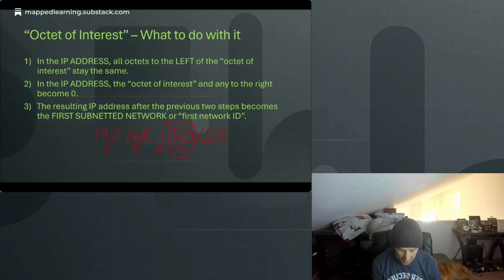So every single IP address in this range of subnets has 192.168.1 dot something. Don't know yet. But 192.168.1 is the overall network.